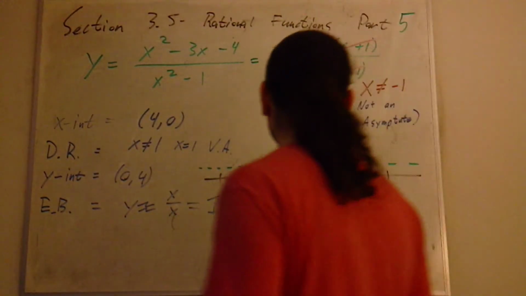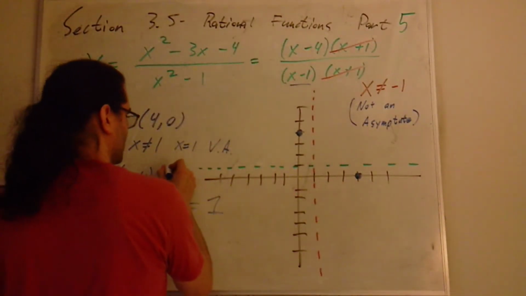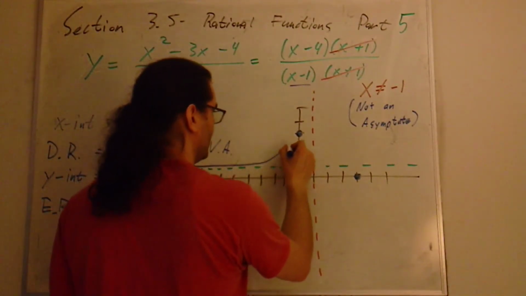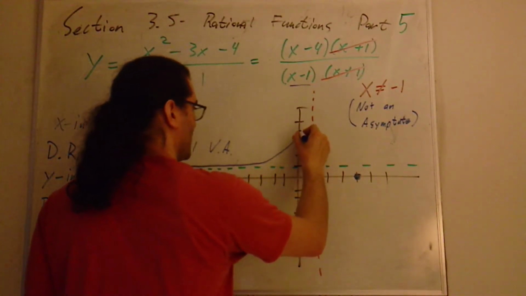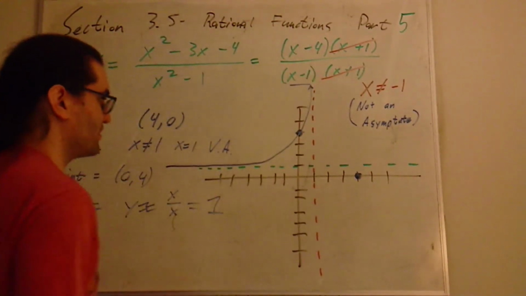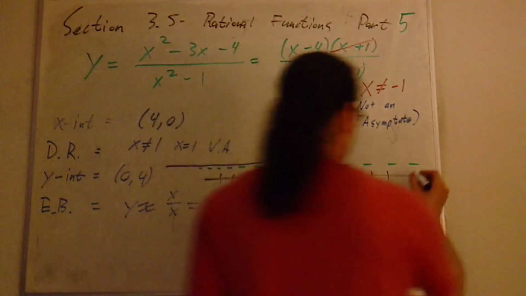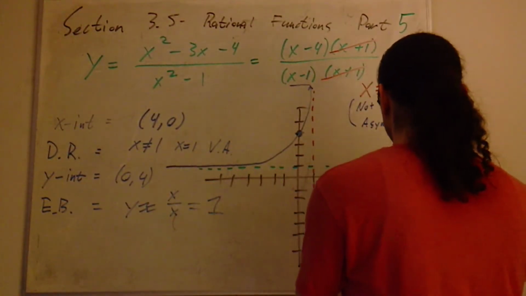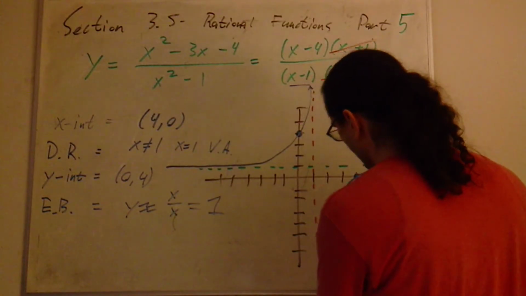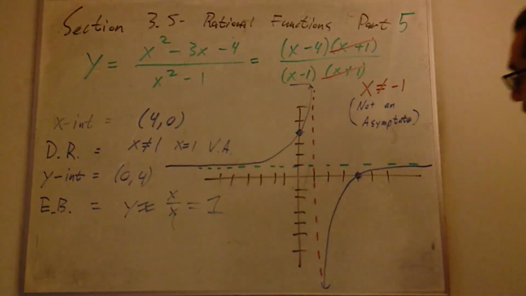So right now I can probably guess that this function is going to come in from the right along this end behavior. It's going to swoop up to catch this guy and then keep going up along that vertical asymptote. On the right it's going to be doing this till it turns down to catch that intercept and follow the asymptote downward.